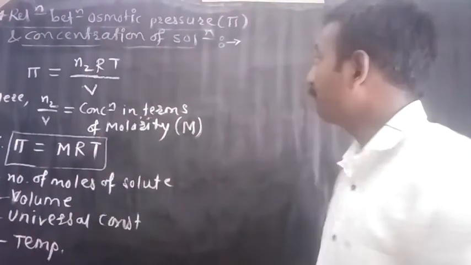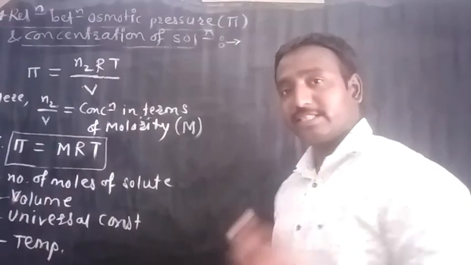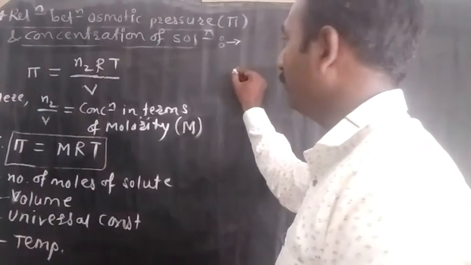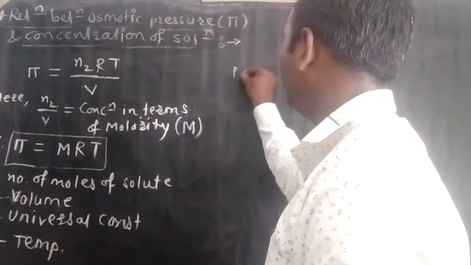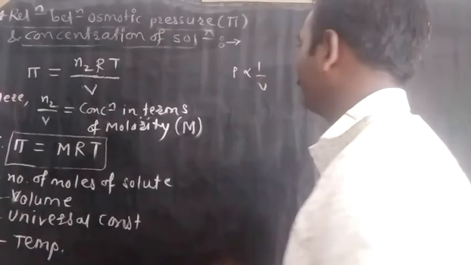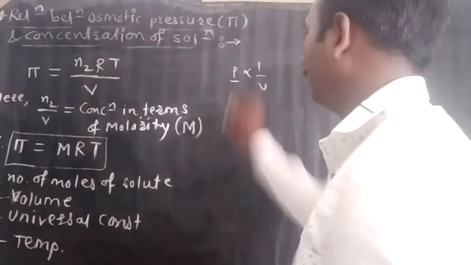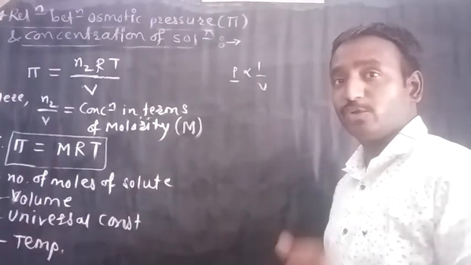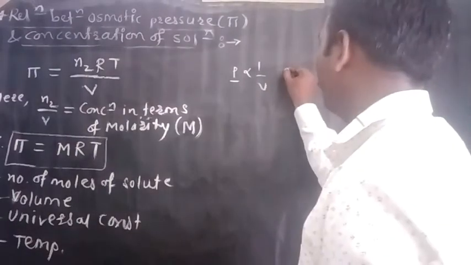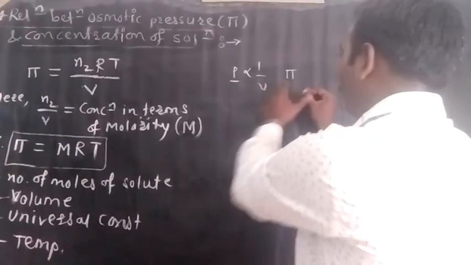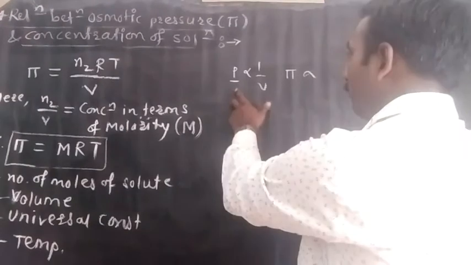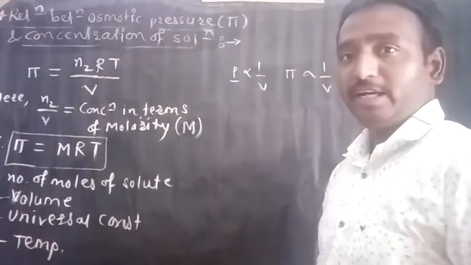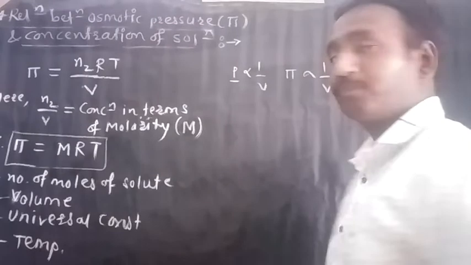As we know, in case of gaseous laws, according to Boyle's law, we write P is inversely proportional to V. Here, with a solution, there is no gas. That's why we replace P with pi, and the law becomes pi is inversely proportional to V. This was Boyle's law.